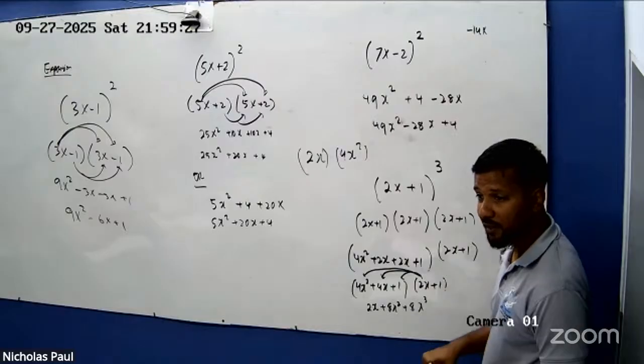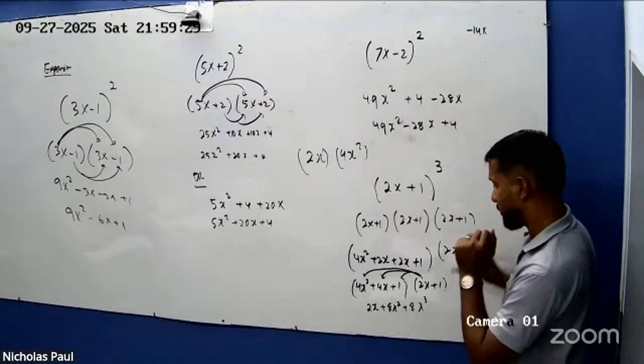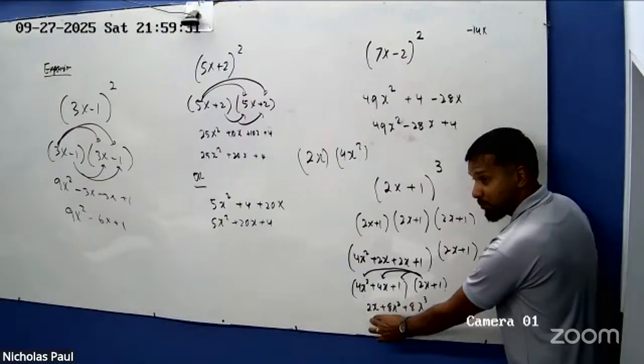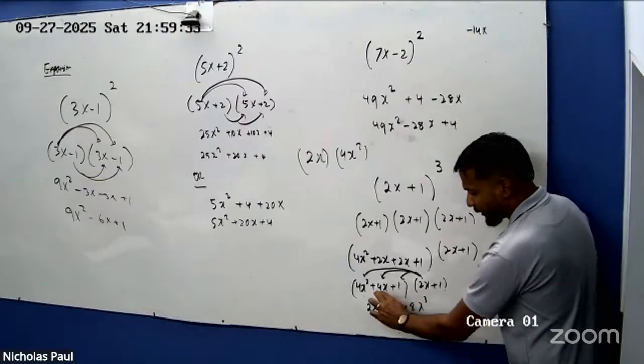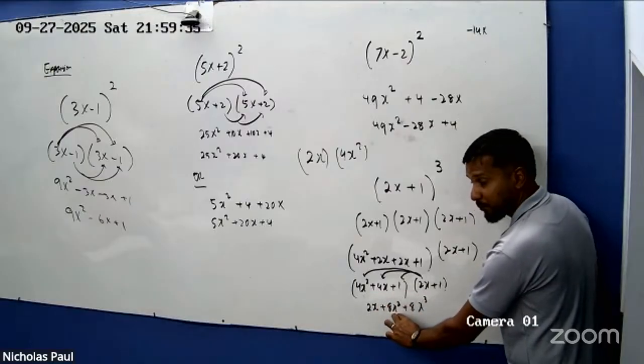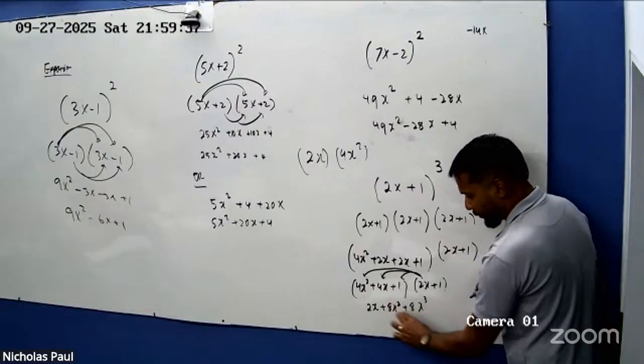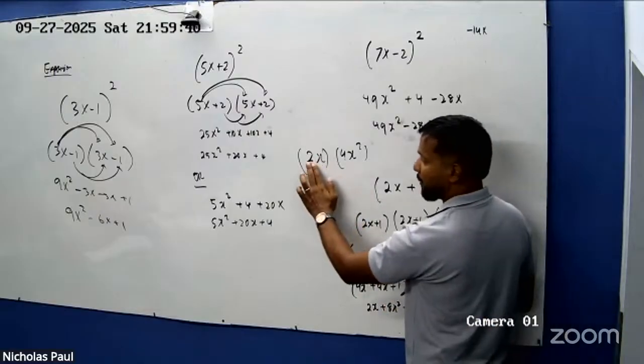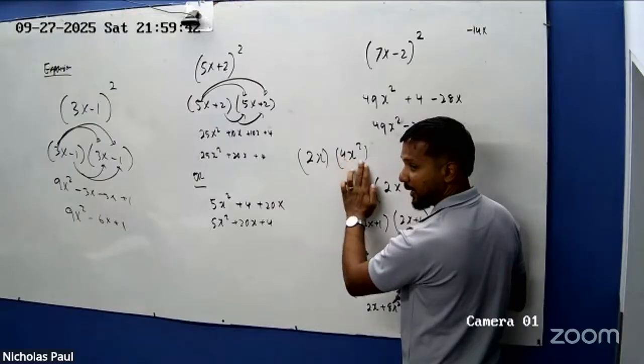Anybody get lost there? So 2x by 1, 2x. 2x by 4x, 8x squared. 2x by 4x squared, 8x cubed. Multiply the constants first, then the x's.